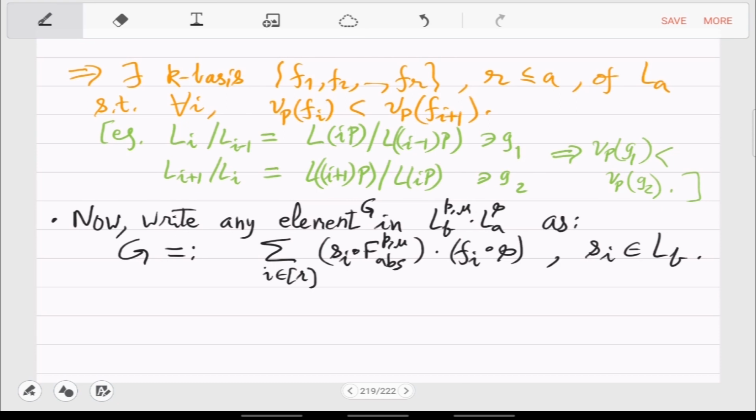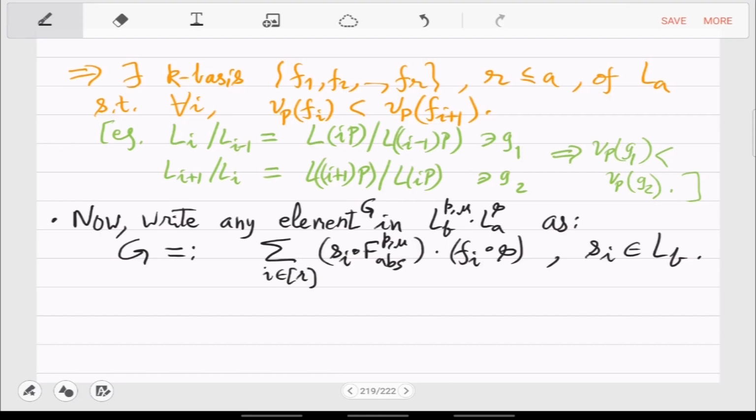Sorry, Si comes from the first space, Fi comes from LA, which has a basis F1 to Fr, so you just have to look at that, and for each Fi phi, collect everything as Si.